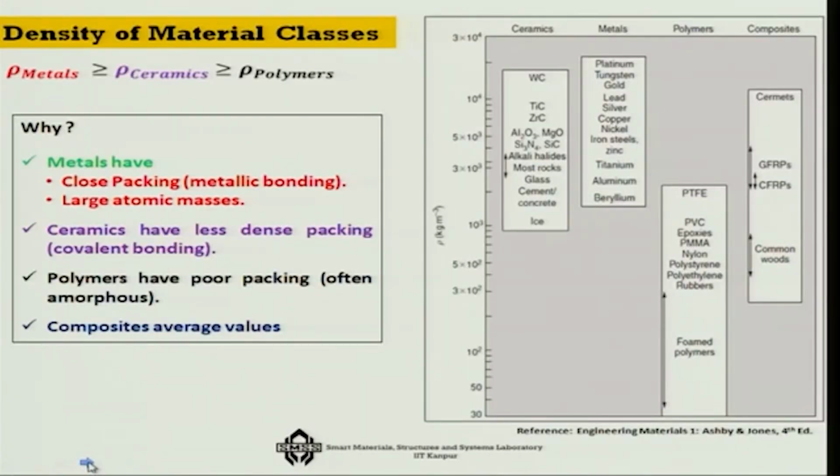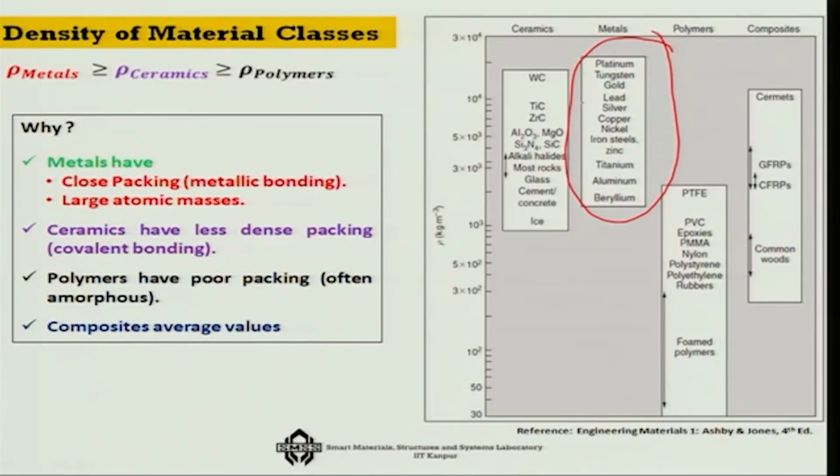Now, if you have a look at the density of various material classes, you will see that in the high density region you will mostly see metals, like tungsten, gold, lead, which have very high density, then titanium, aluminum, beryllium, etc. I will talk about ceramics in a later talk.